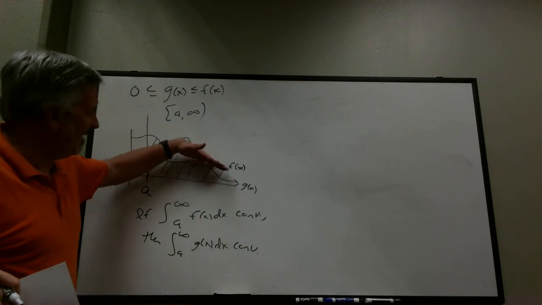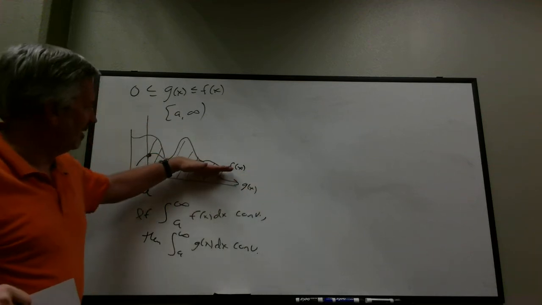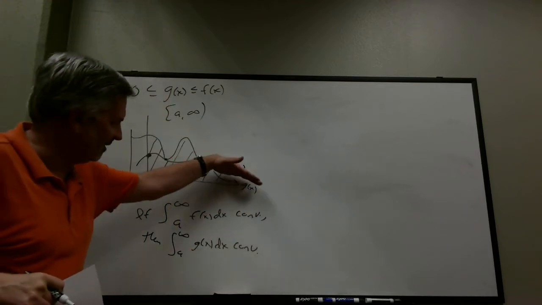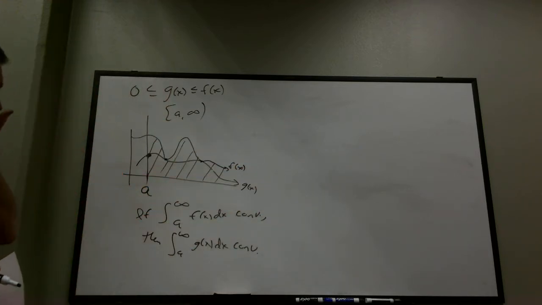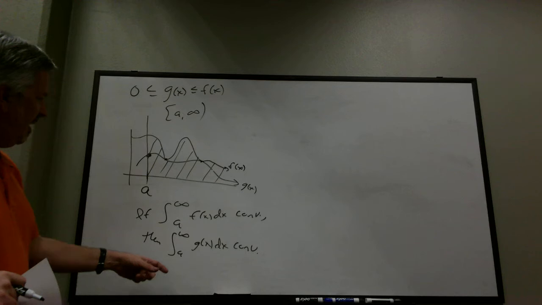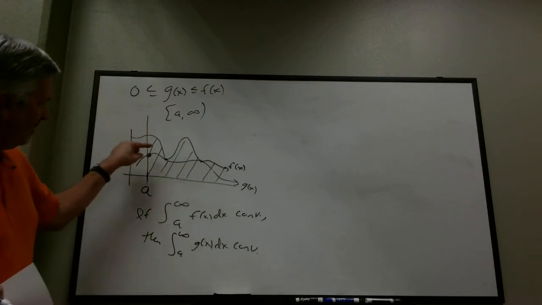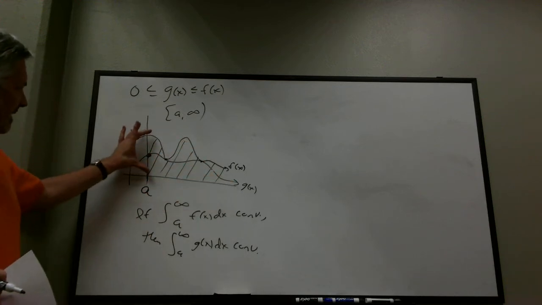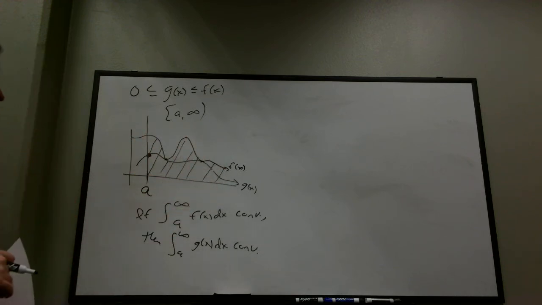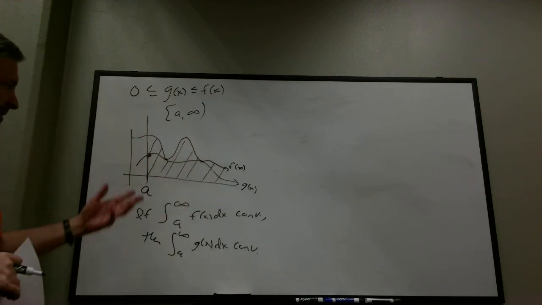Obviously, both of these graphs have to approach the x-axis, right? Because if this blows up, you're going to have an infinite area. So for sure, they have to get closer and closer to the x-axis. The x-axis has to be a horizontal asymptote. But if that integral converges, that means this is finite area. Well, g has less area because it's always underneath f. So if the integral of f converges, the integral of g will have to converge. Okay? So that sort of makes sense from the picture.